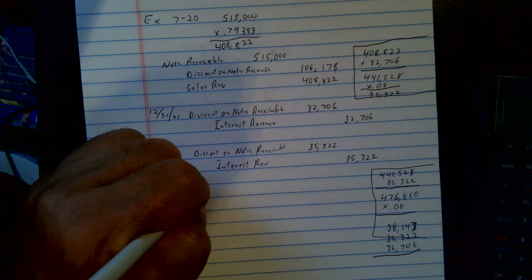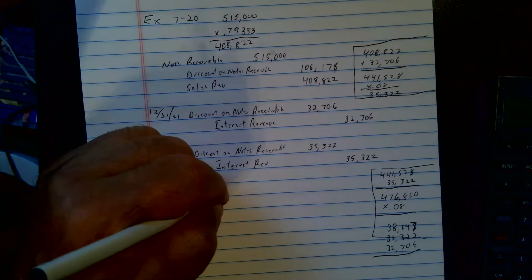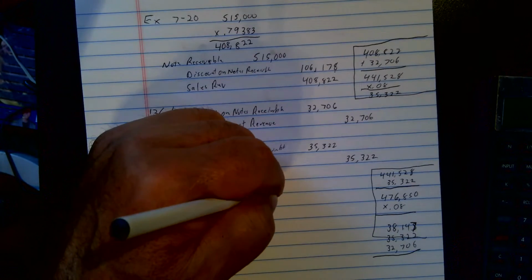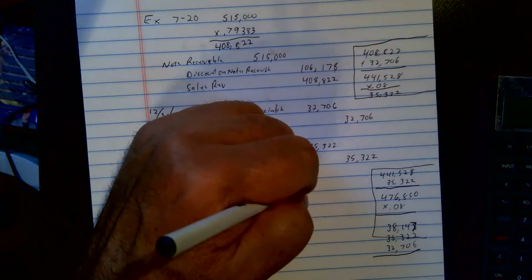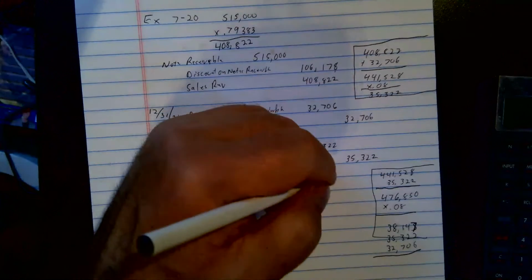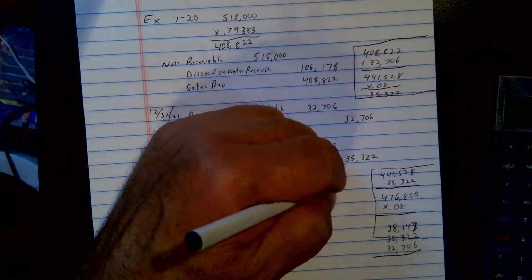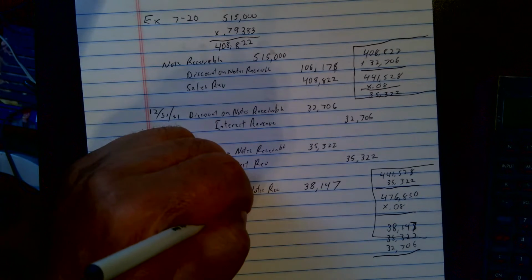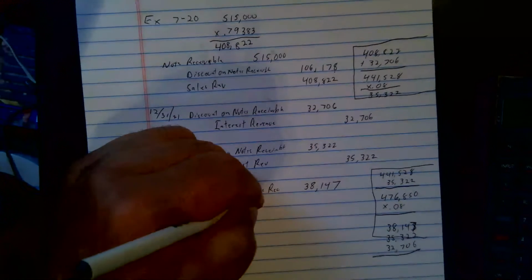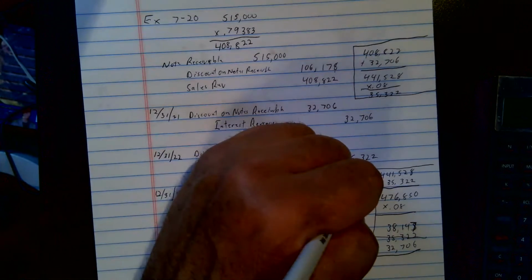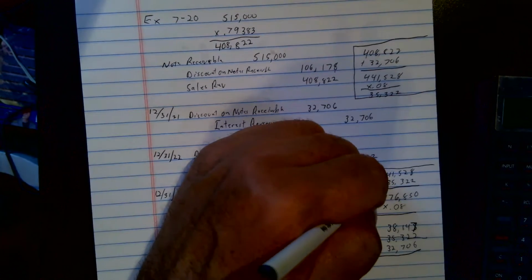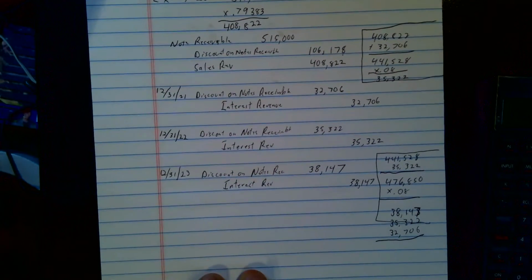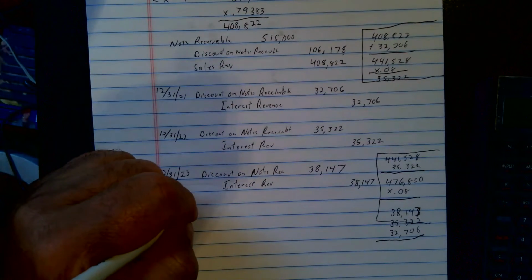And so in order to compensate for that, I'm just going to add that right there. And so I'm going to write off the discount on notes receivable, the 38,147. Interest revenue, $38,147, and then I have to account for the notes receivable.